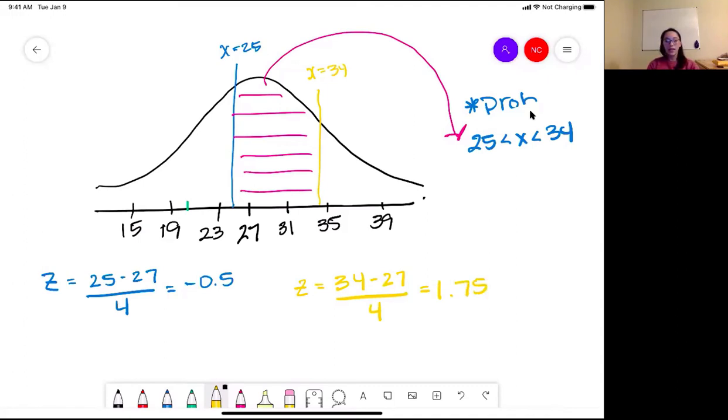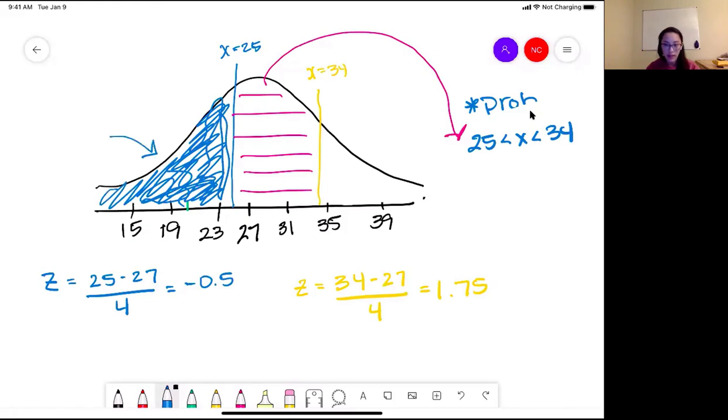Okay, so now we have two z-scores. One's above the mean, one's below the mean. We know that the probability we get for that area for our z-score of negative 0.5, Aaron, would be 30.85%, I'm assuming.